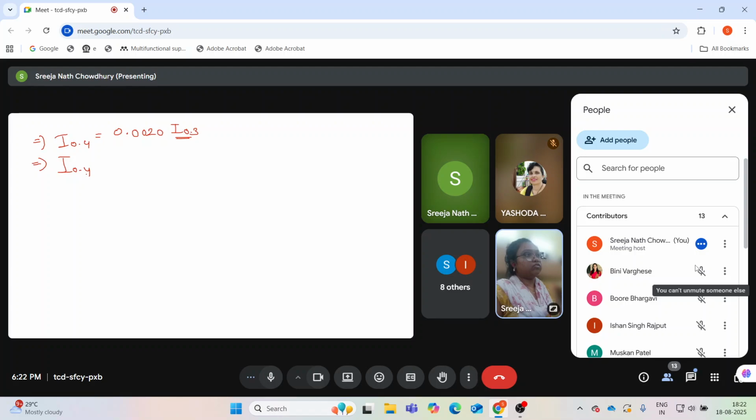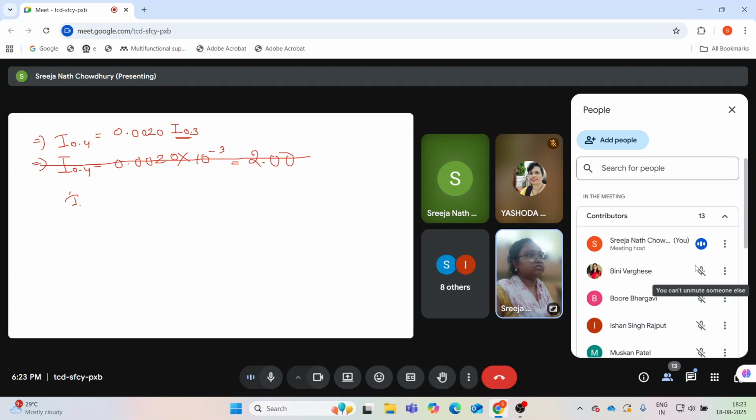So I 0.4 by I 0.3 is equals to 0.0020 divided by 0.0010.